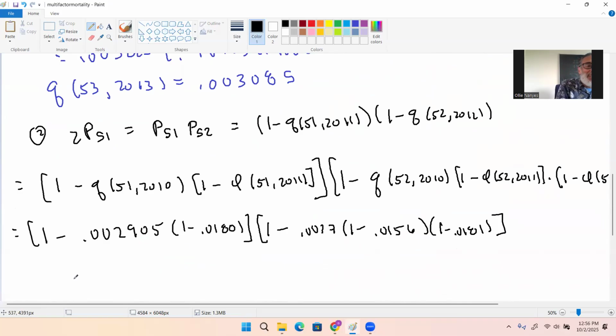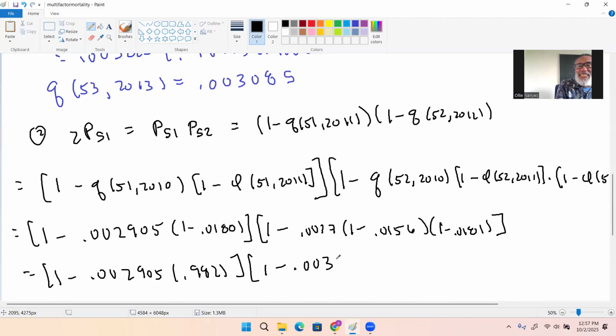So it's 0.982. We can see the mortality improvement there. 1 minus 0.0156 is 0.9844.